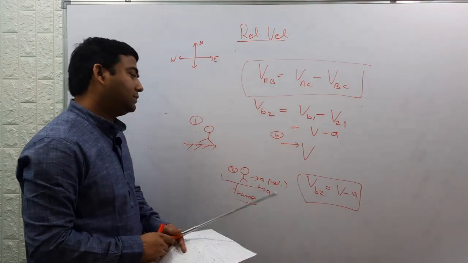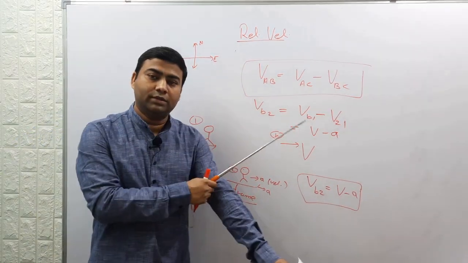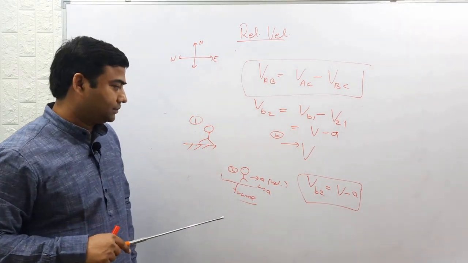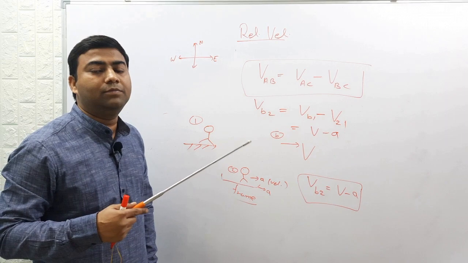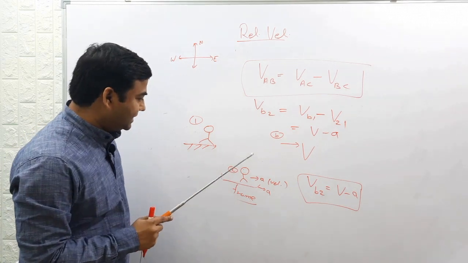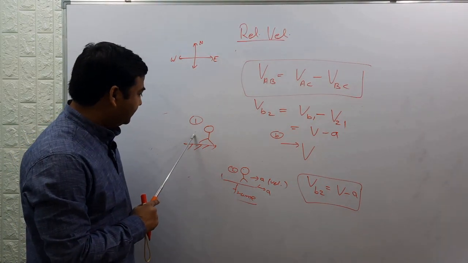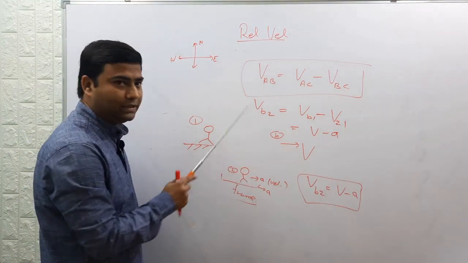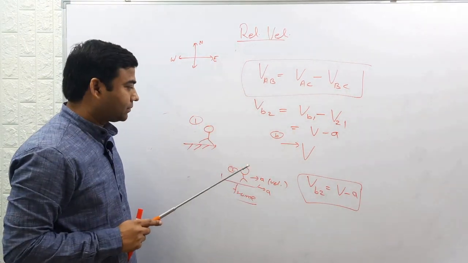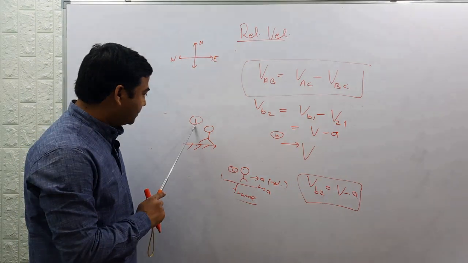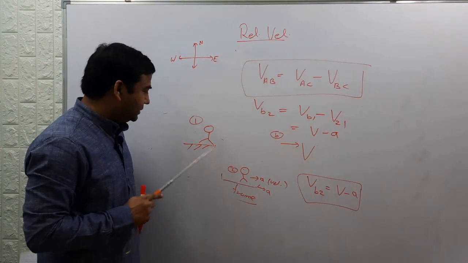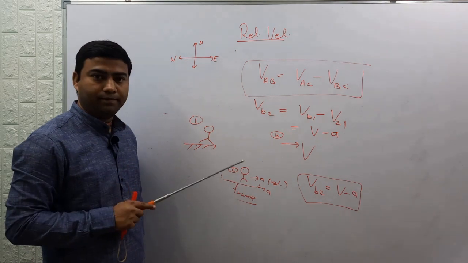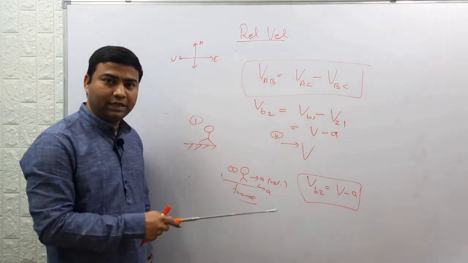This gives a very important conclusion when we change our frame of reference. So you can say in this frame where observer 1 is sitting, velocity of ball was v in each direction. When this observer, you can indirectly say same observer sits on this frame which is moving with velocity a.